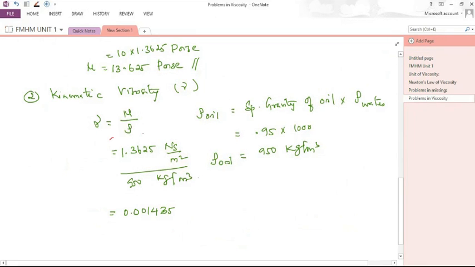Already we know that 1 Newton is nothing but kilogram meter per second square. So I can write it like this: kilogram meter per second square into second per meter square, divided by kilogram per meter cube.